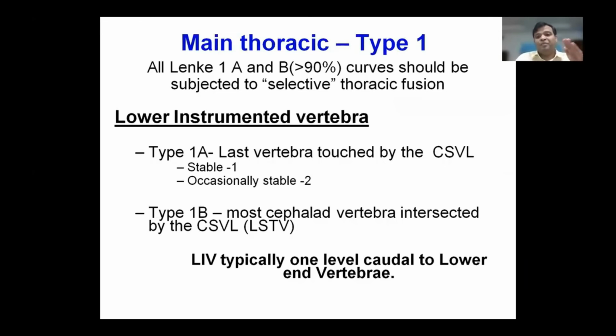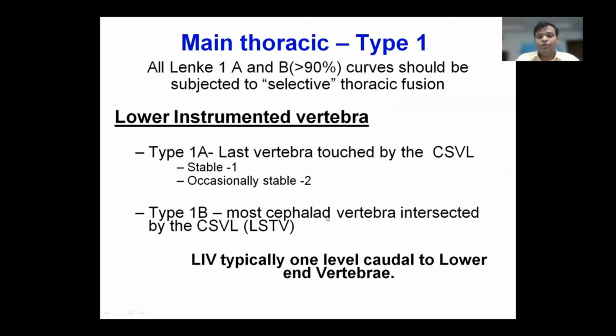Coming to type 1 curves, 1A and 1B curves should be subject to selective thoracic fusion, and they are amenable in 90% of the times. What is the difference? In a 1A curve, you go to the last vertebra touched by the CSVL.